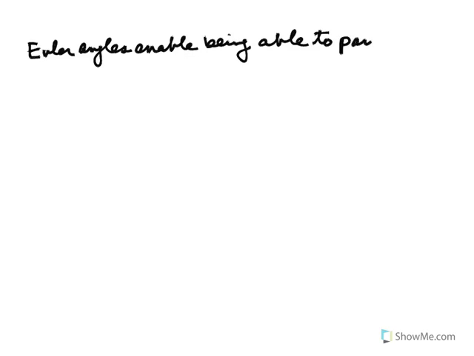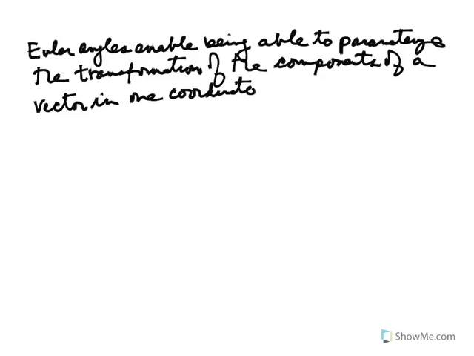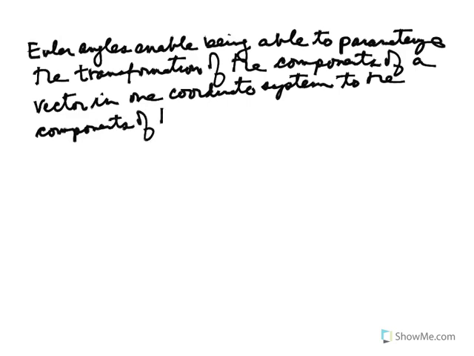So Euler angles enable us to parameterize the transformation of the components of a vector in one coordinate system to the components of that same vector in another coordinate system.